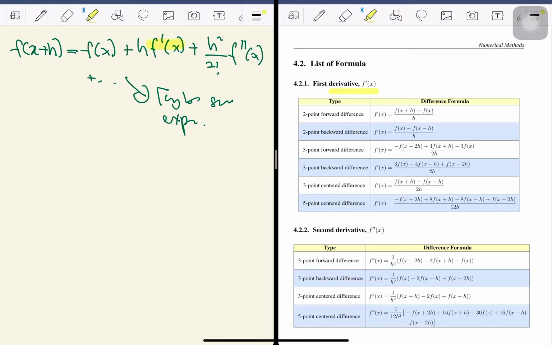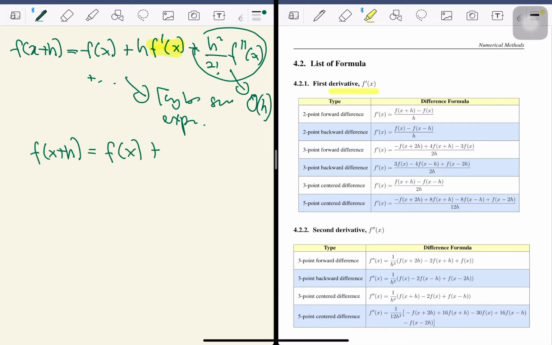The higher-order terms will be denoted as the truncation error, O(h). So from here we have f(x+h) equal to f(x) plus h f'(x) only. The rest is no longer considered because we take it as a truncation error.